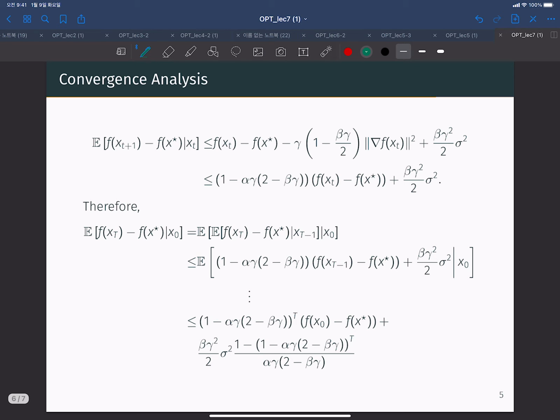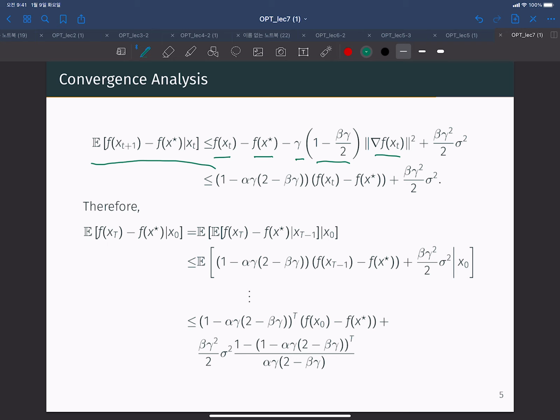From this, we have this inequality: the expectation of f(x_{t+1}) minus f(x star) for given x_t is less than or equal to f(x_t) minus f(x star) minus gamma times 1 minus beta gamma over 2 times gradient of f(x_t) normed square plus beta gamma square over 2 times sigma square.